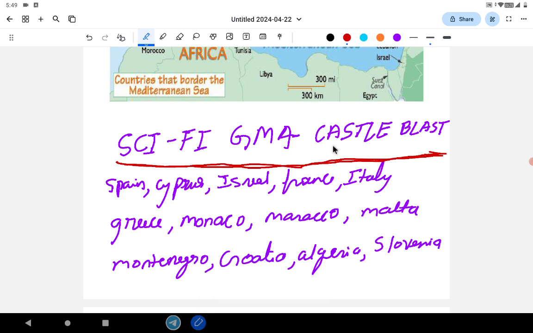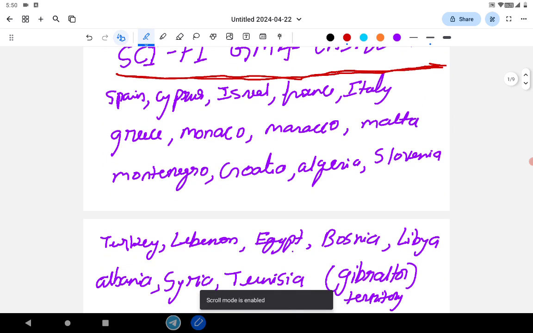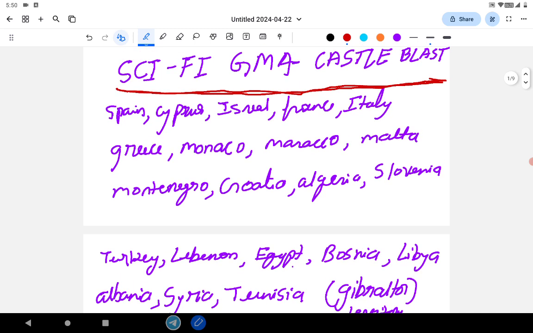Sci-Fi GM4 Castle Blast. S for Spain, C for Cyprus, I for Israel, F for France, I for Italy, G for Greece, M for Monaco, M for Morocco, Malta and Montenegro, C for Croatia, A for Algeria, S for Slovenia, T for Turkey, L for Lebanon, E for Egypt, B for Bosnia, L for Libya, A for Albania, S for Syria, T for Tunisia, and a territory of Gibraltar.